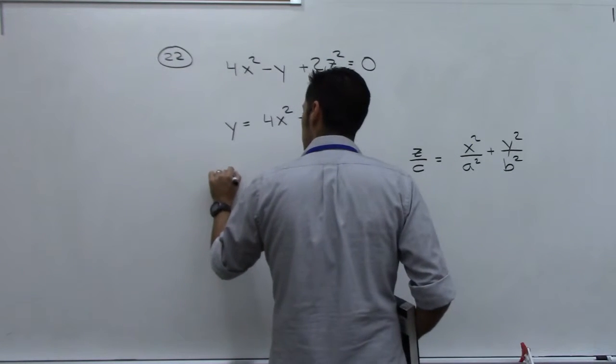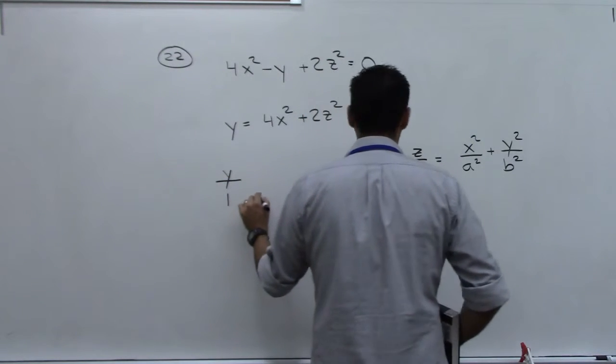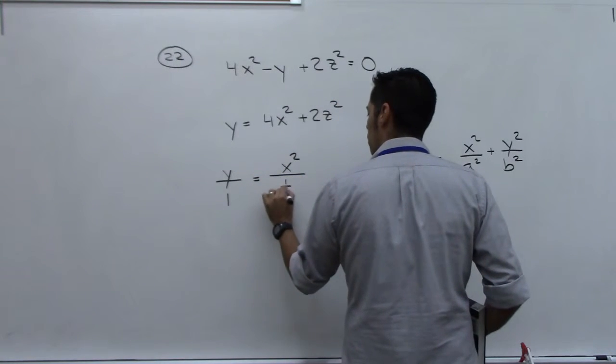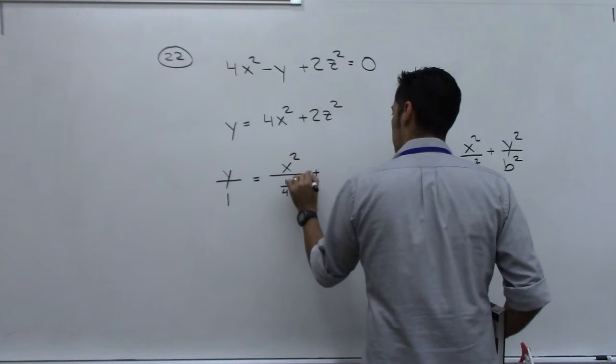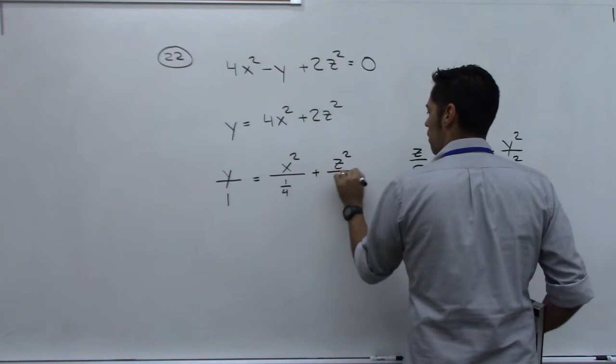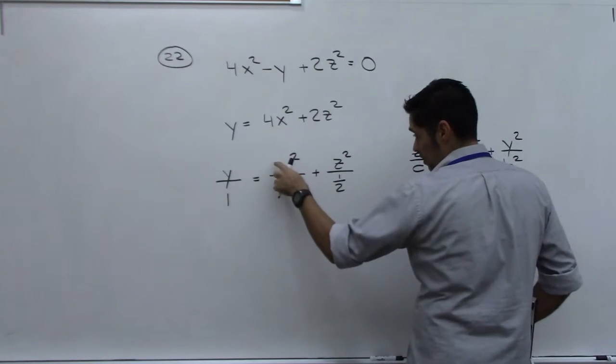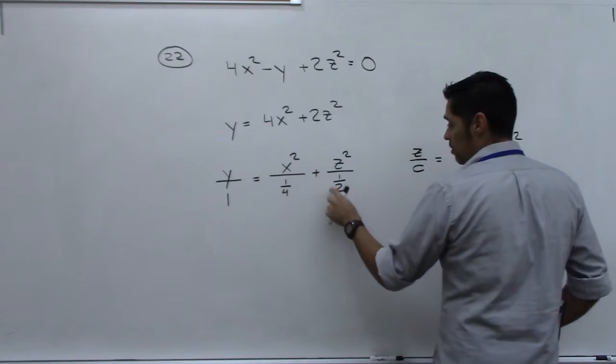So I'm going to rewrite this as y over 1 equals x squared over 1/4 plus z squared over 1/2. So that's just using the fact that 4 is the same as 1 over a fourth, 2 is the same as 1 over a half.